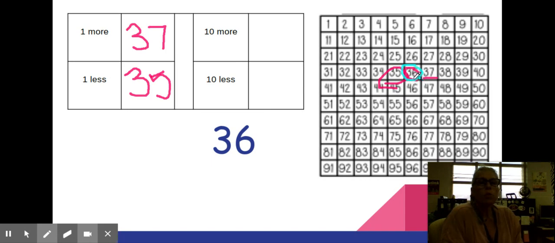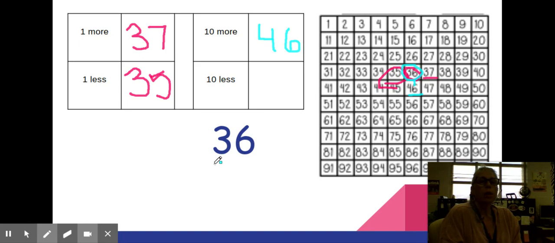And if we move down 1, we will see that 10 more is 46. Notice the 6 in the ones place stayed the same, but the 3 in the tens place got a little bit bigger. So we have 46.